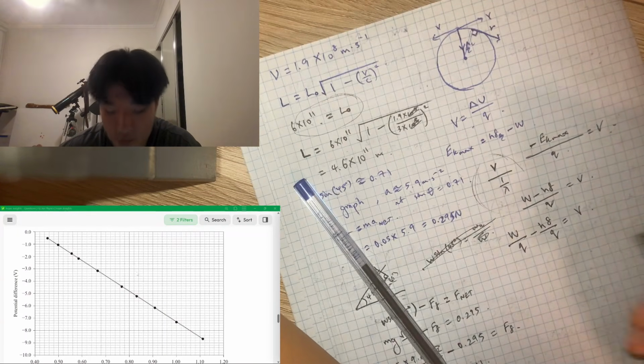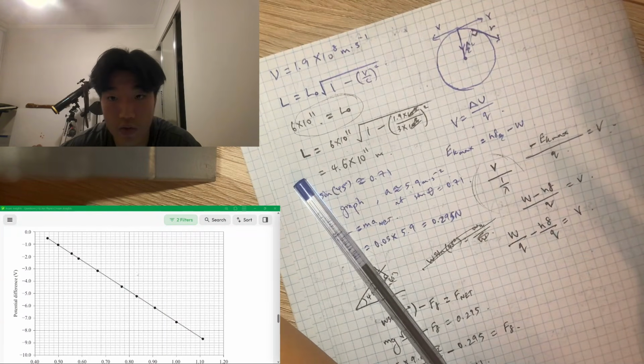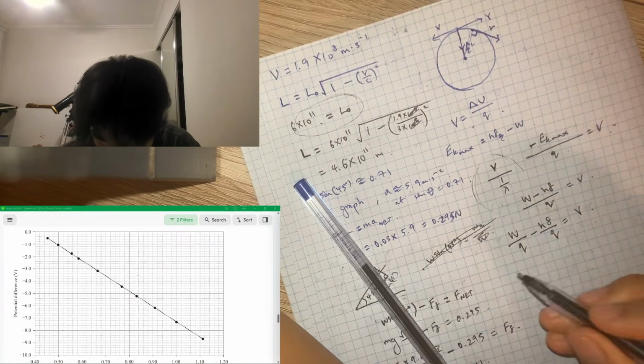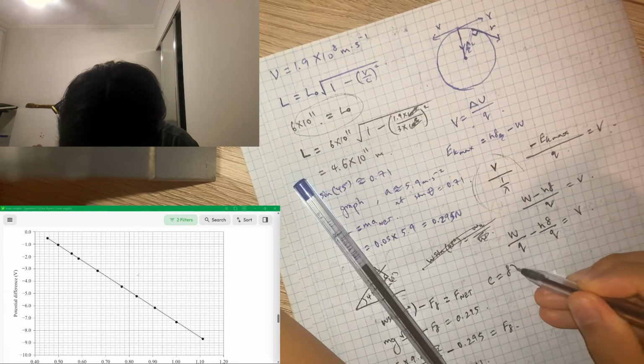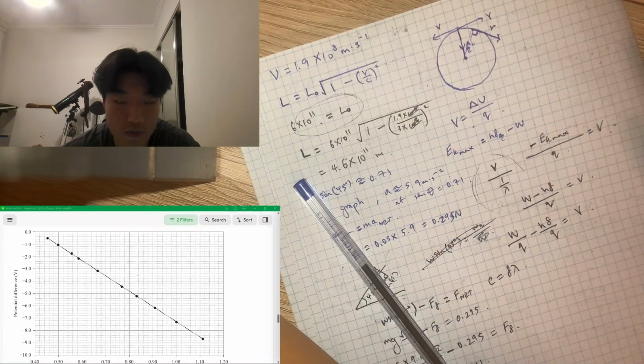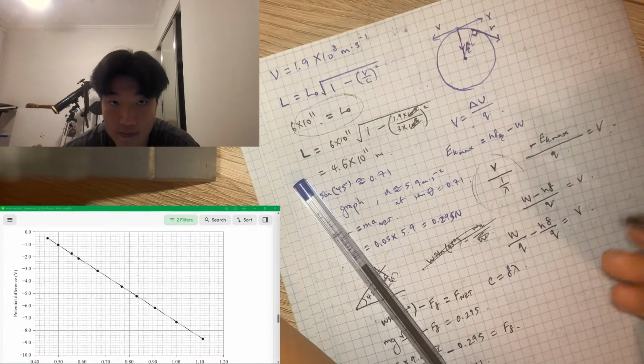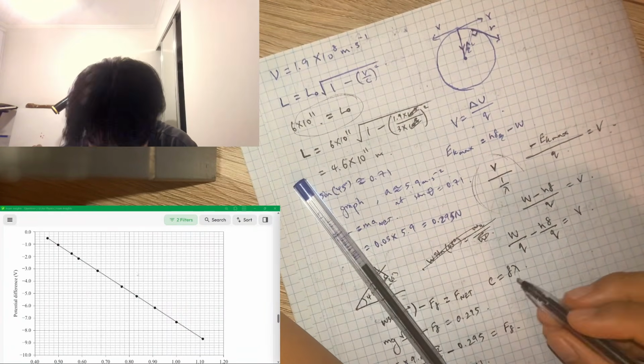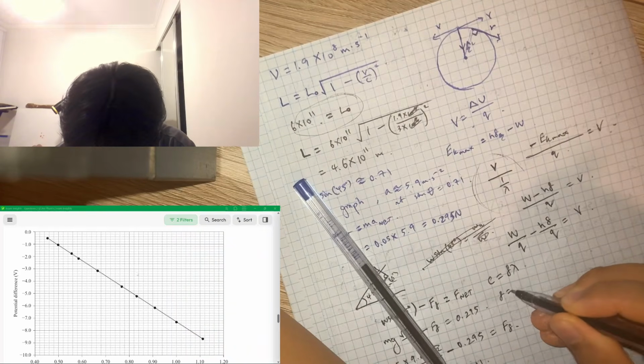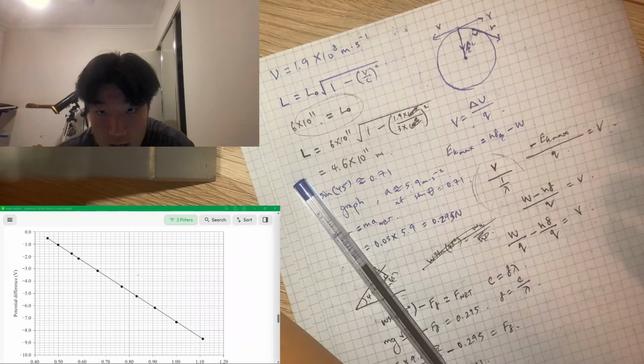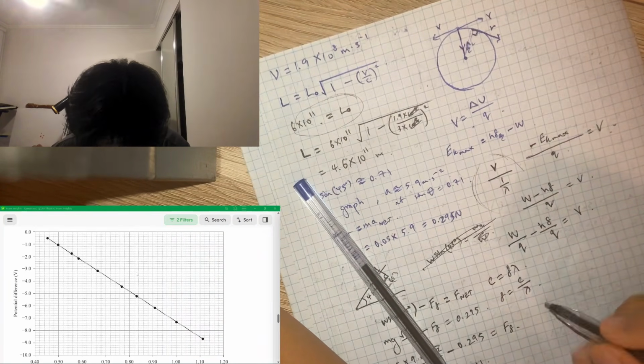We can use the wave equation. So in this case, we're talking about photons, the frequency of the photon, so we can use c equals f lambda. Usually it's v equals f lambda, but in this case, the speed of light is c. We rearrange for f, right? Pretty simple, and we sub that in.